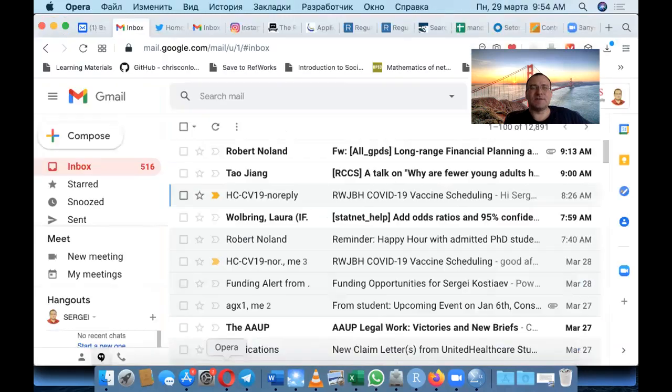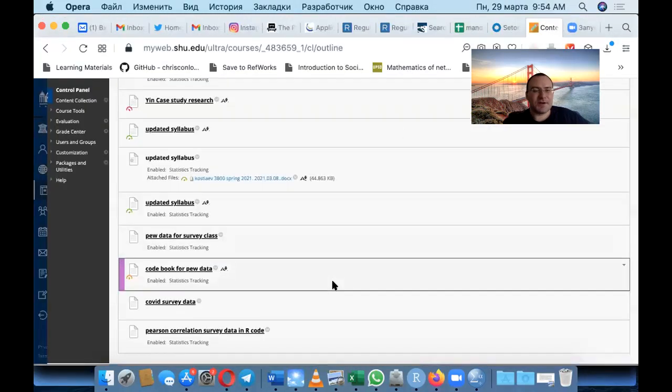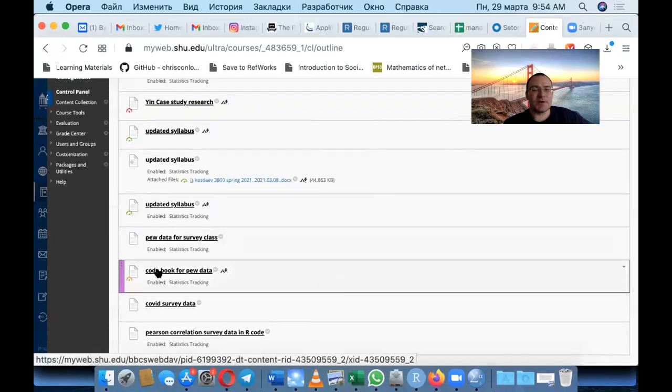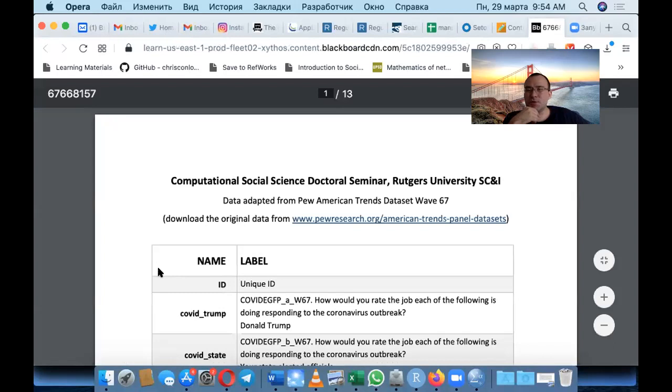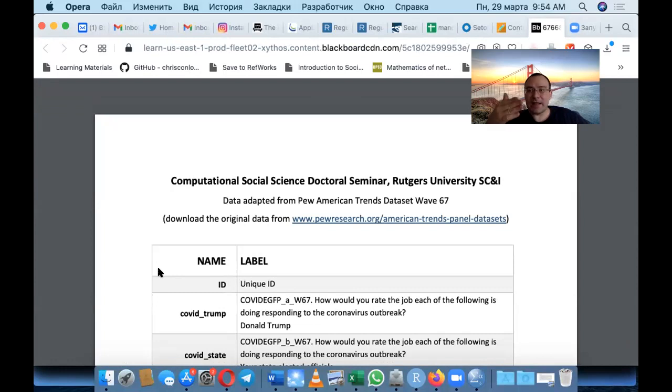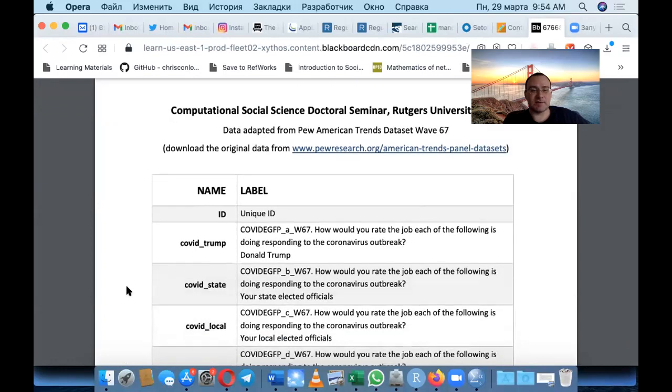To answer this question, you go here and you look at the code book. When you have data which was collected by somebody else, you always look for a code book to see what variables are in this data set and what values those variables have.